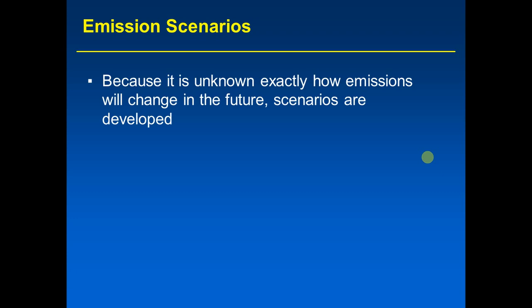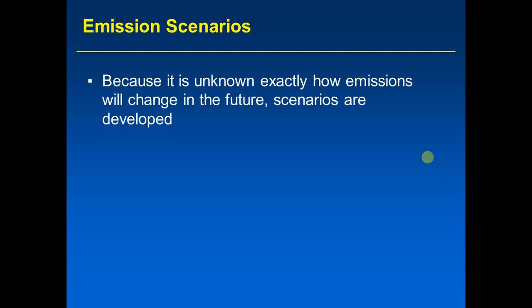Okay, so there's actually a range in the projections of temperature increase, sea level rise, okay, hurricane intensity based on emission scenarios, okay, because we're not sure exactly how emissions will change. We hope we reduce emissions, we hope for the best, but we have to prepare for the worst, right?